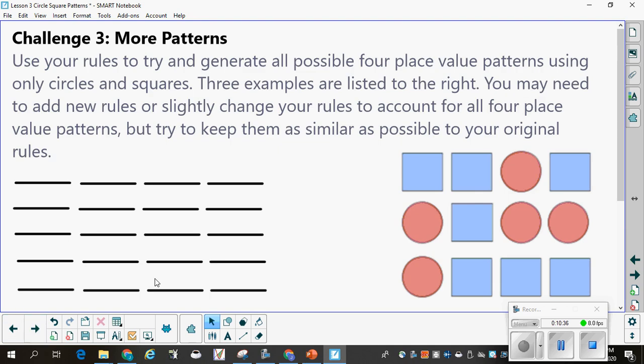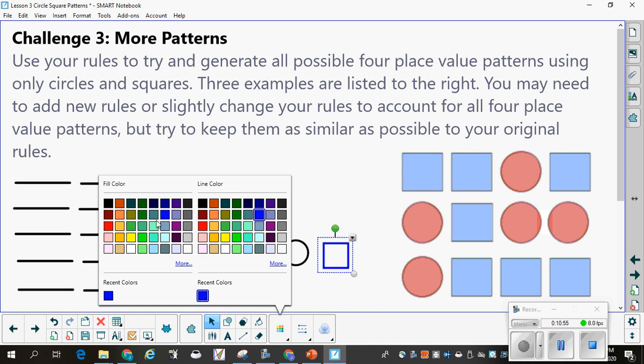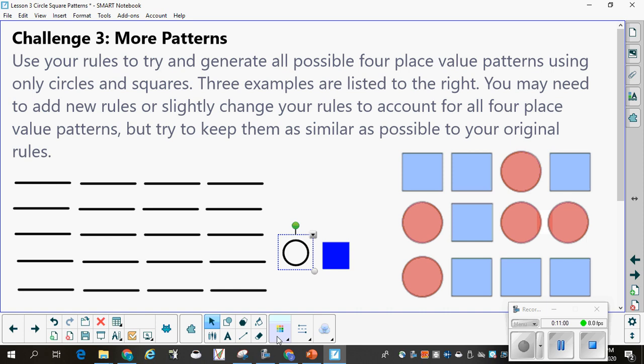What I want to do is come back here and let's see if I can do this. Give myself a little circle and a little square. And we're going to make the square blue. And we're going to make the circle red.